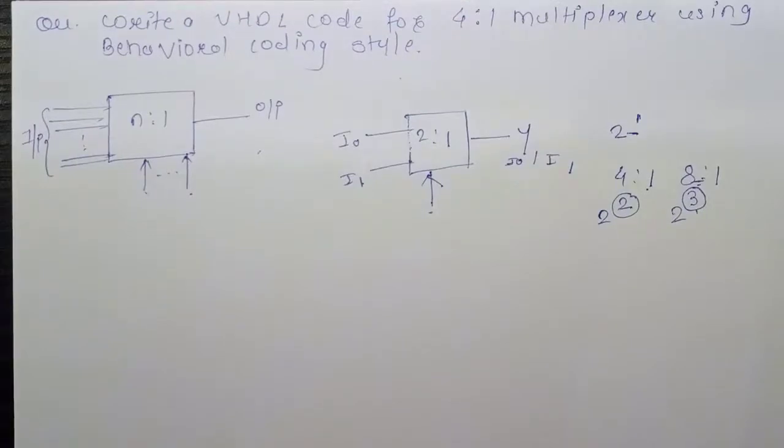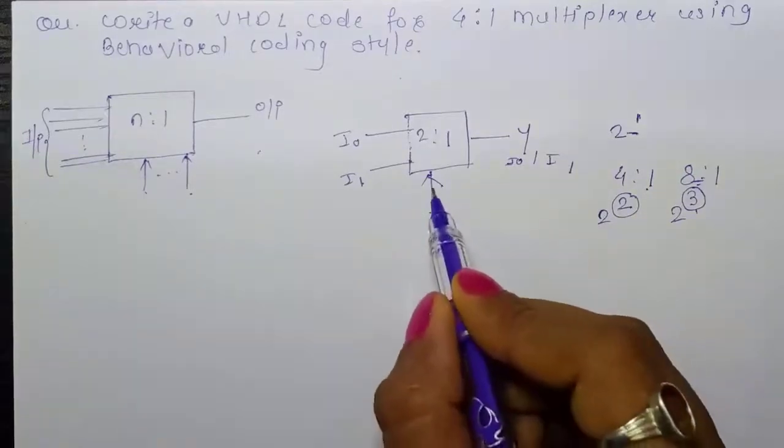Now let's see 2:1 multiplexer. In 2:1 multiplexer, output depends on the selection line.